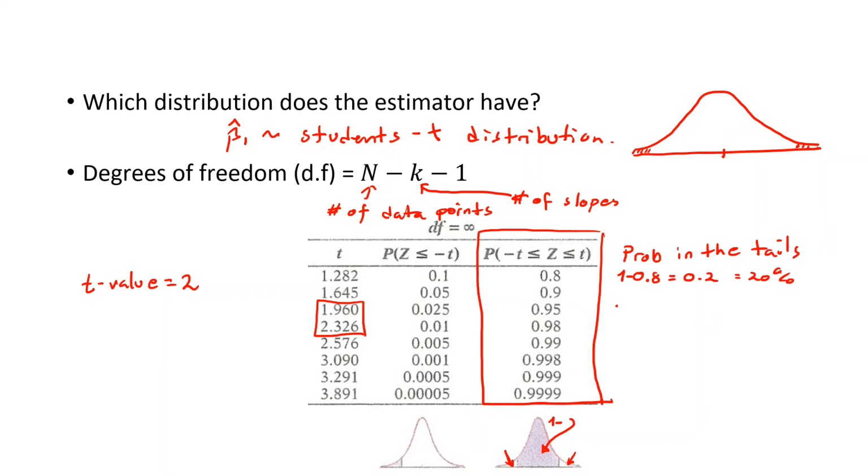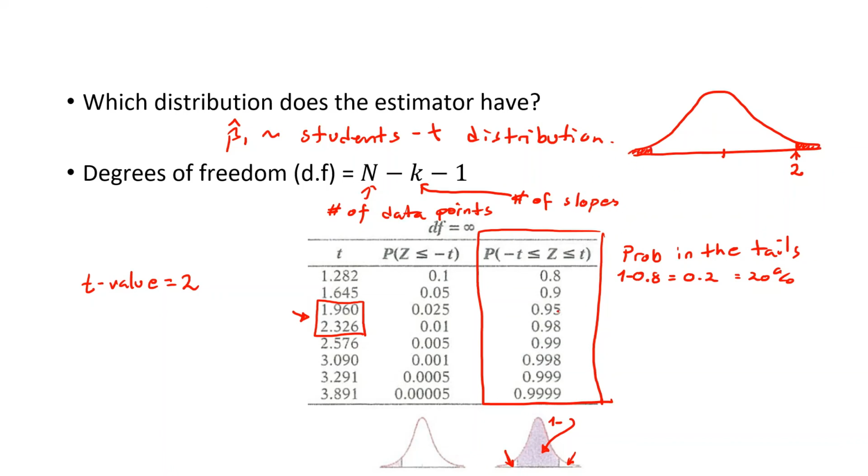And in our case, we have the t-value equals 2, then we know that our value is somewhere here, right? So if we just point this to the number 2, then what is the probability in the tails?